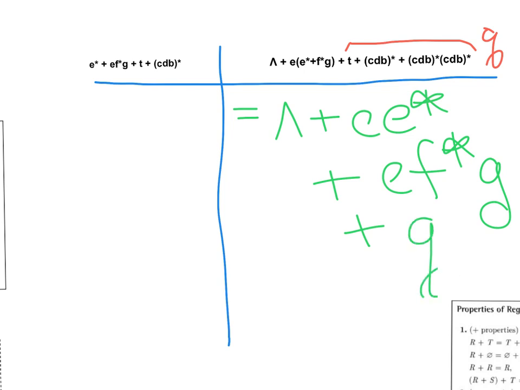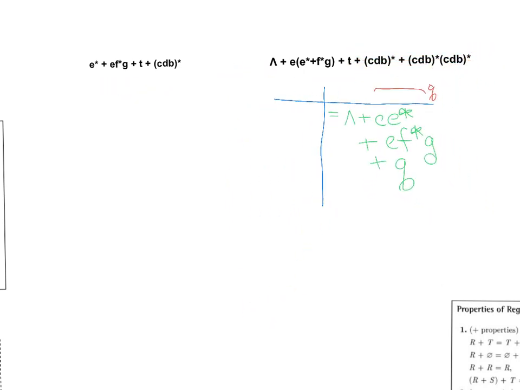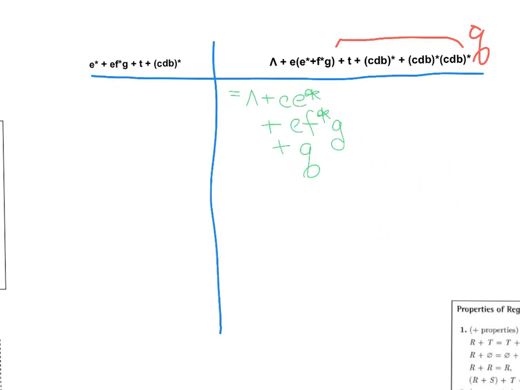Let's see if this works. I think maybe I can shrink that a little bit down. No, it won't shrink everything. There we go. All right, so I have this mess.